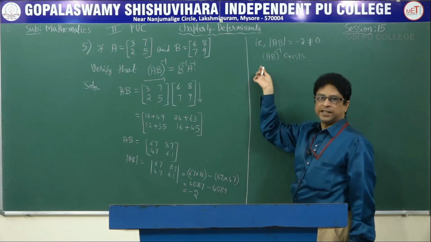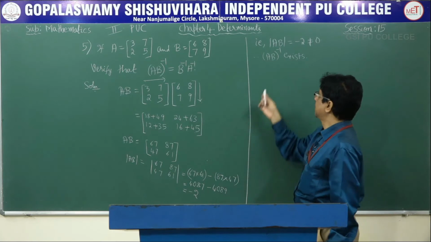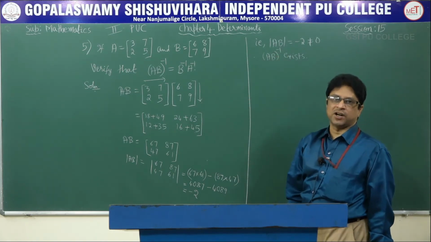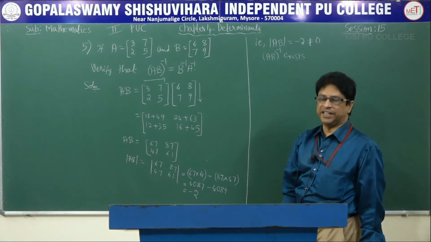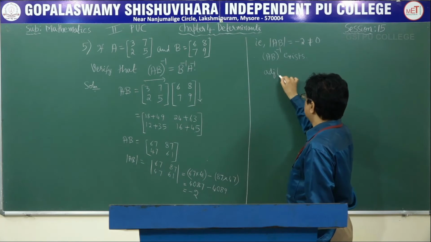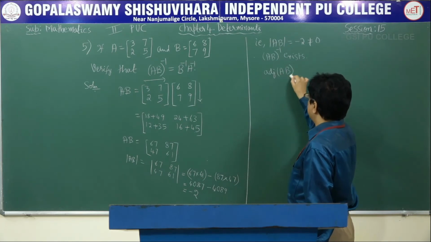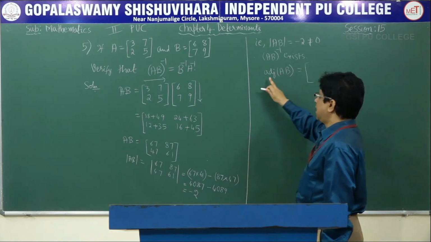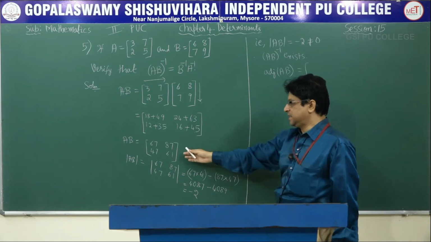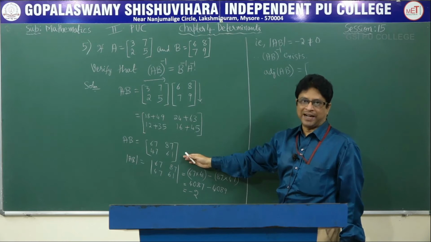Let us find AB whole inverse. To find AB whole inverse, we have to find the adjoint of the matrix AB. Adjoint AB can be found by inspection because this is a 2 cross 2 matrix.